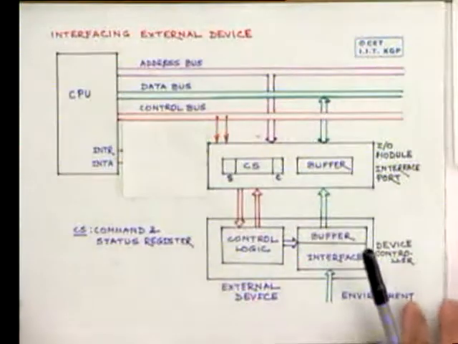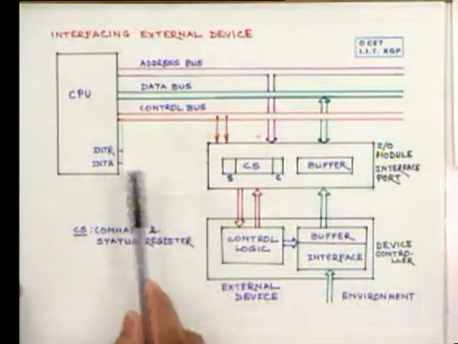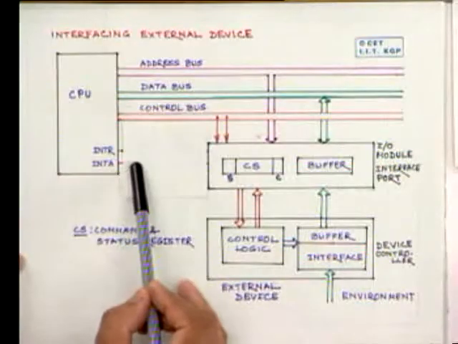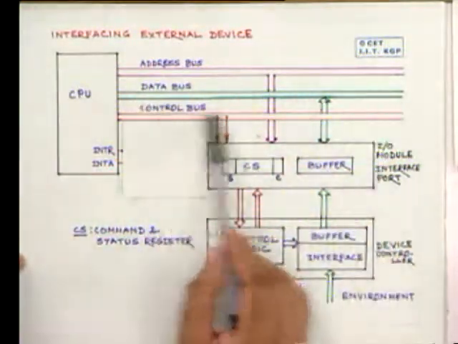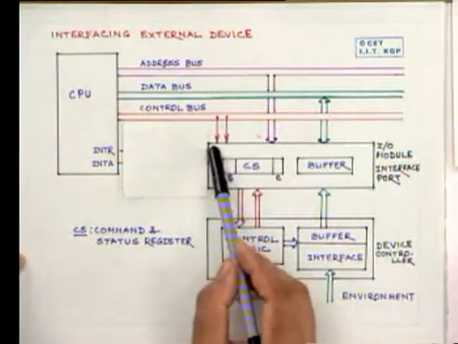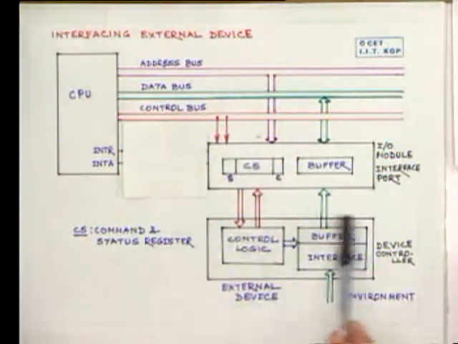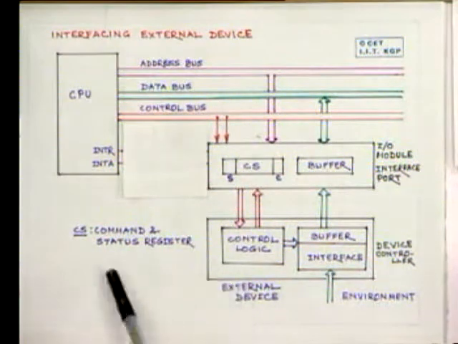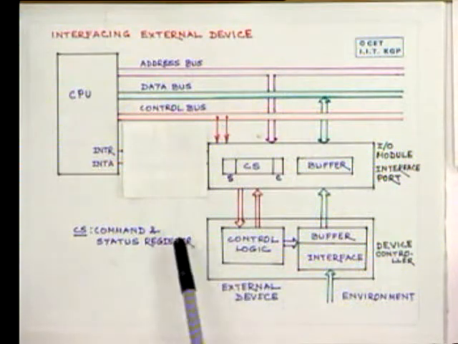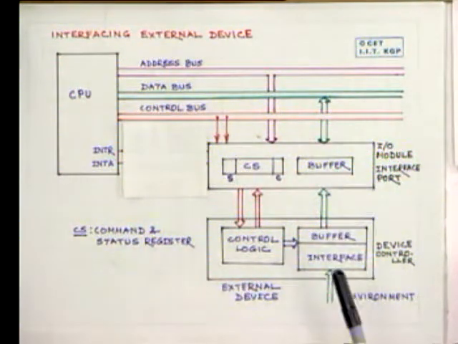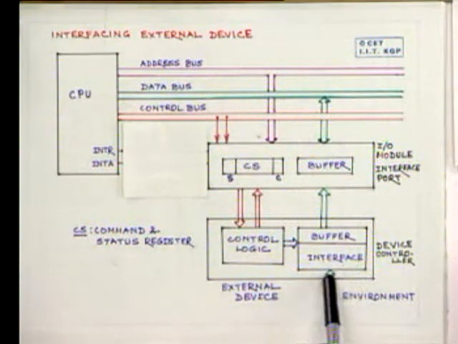Now, let us come to interfacing an external device. You see here that we have the CPU, and the address bus, the data bus, and the control bus are there. We have to connect an external device. Say this is an external device. This device has its own control logic, electronic control logic. It has a buffer where the data can be, and it has an interface with the environment from where the data will come.